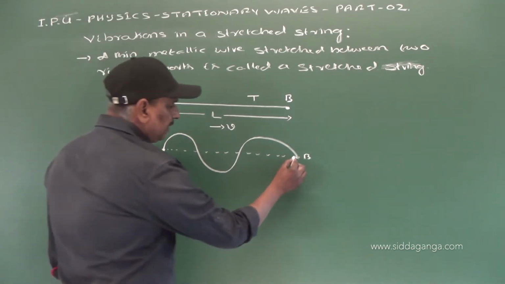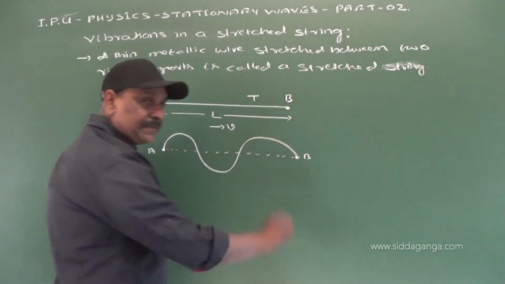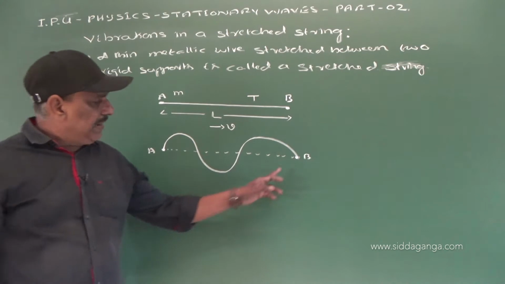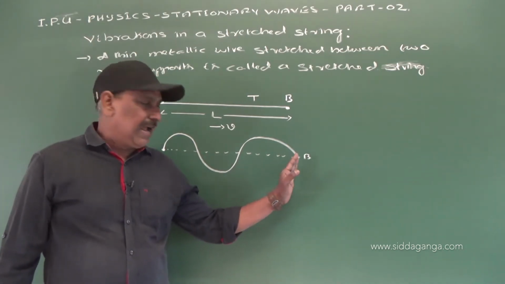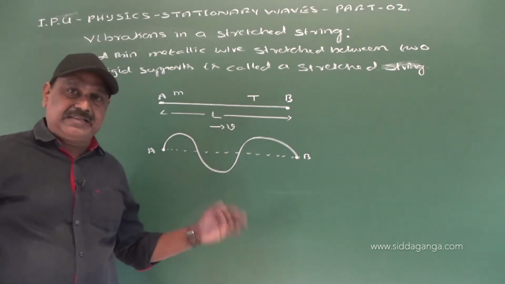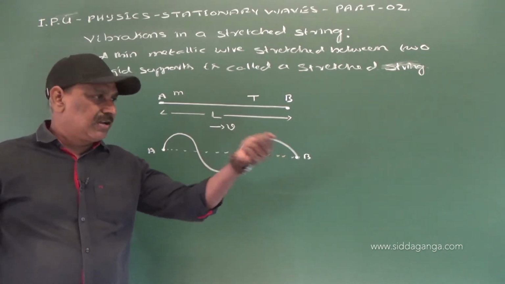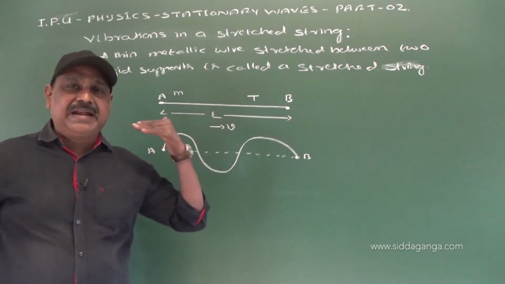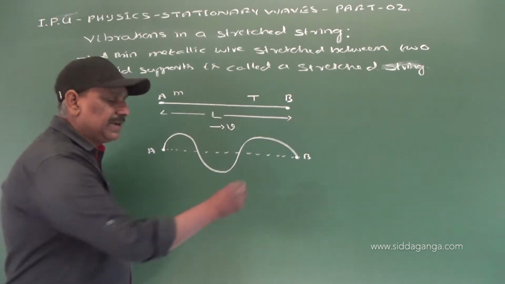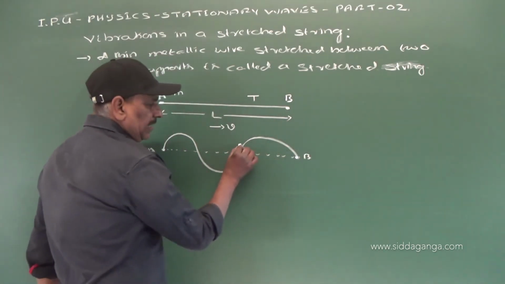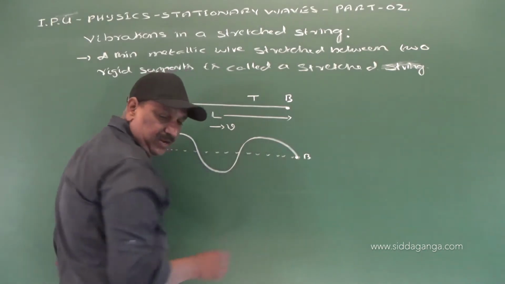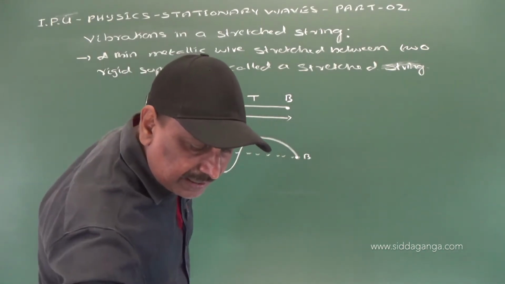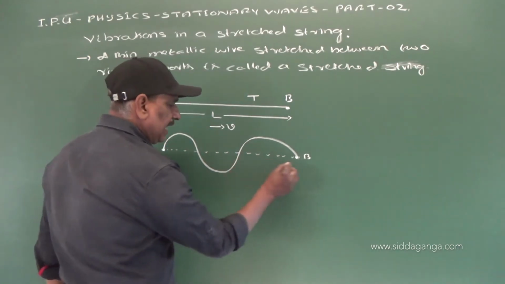Now at the end B, it meets an obstacle and it gets reflected, just like when a torchlight is focused on a mirror, the light gets reflected from the mirror. If the crest is incident on it, it reflects as a trough.